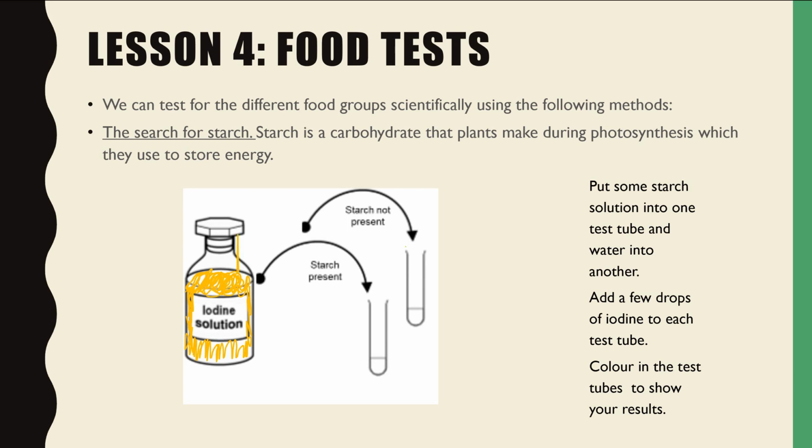So when the starch is not present, what we saw was that the iodine solution stays the same colour, so we don't get a colour change. Whereas when starch is present, we get a distinct colour change, and it changes to blue-black.